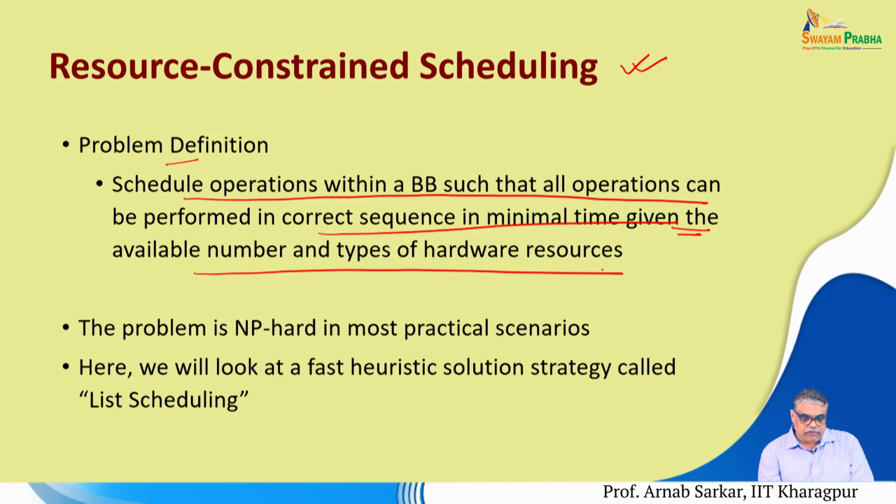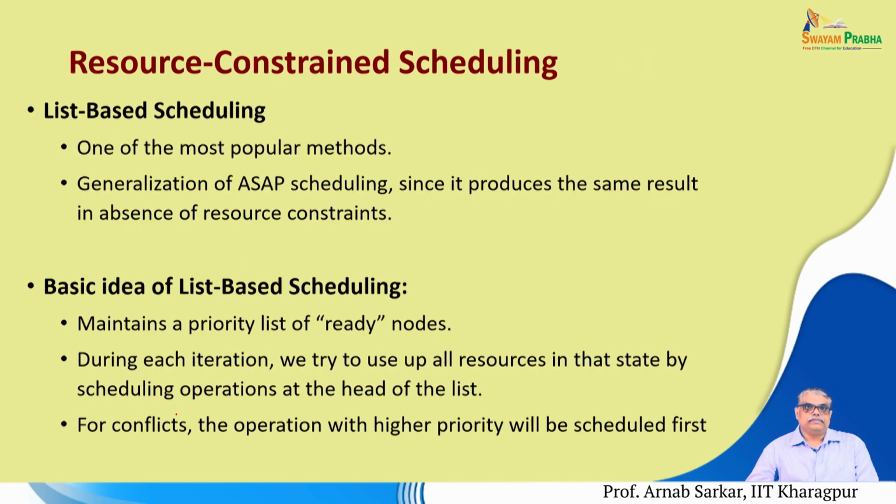Such constraints are given to us, and satisfying these constraints we need to schedule all operations within the operation constraints graph in minimum time. This is the resource constraint scheduling problem. This problem in most practical scenarios is NP hard, and we will look at a fast heuristic solution strategy called list scheduling. Let us now look at the list scheduling strategy for resource constraint hardware scheduling within a basic block.